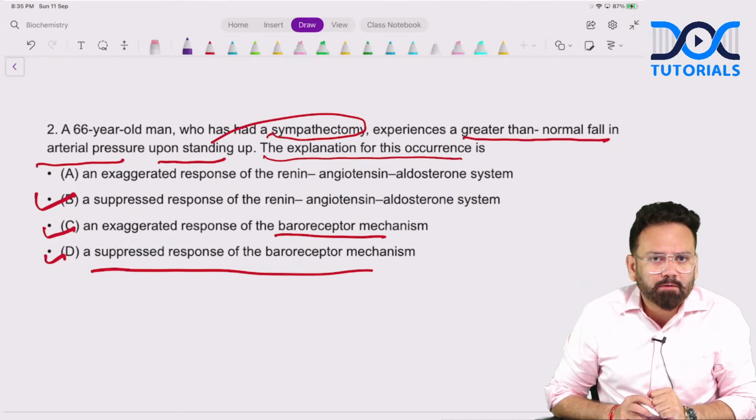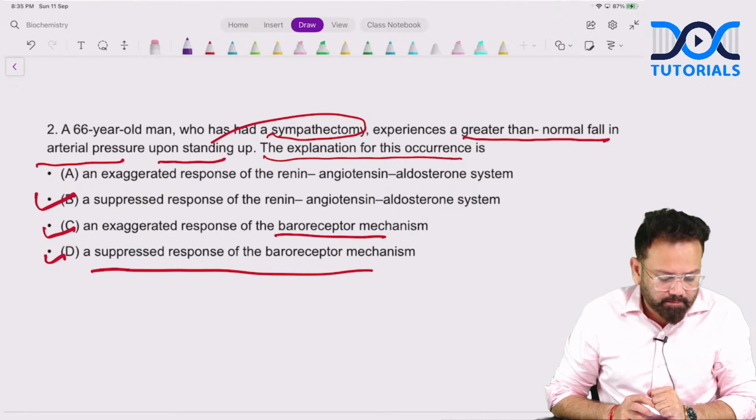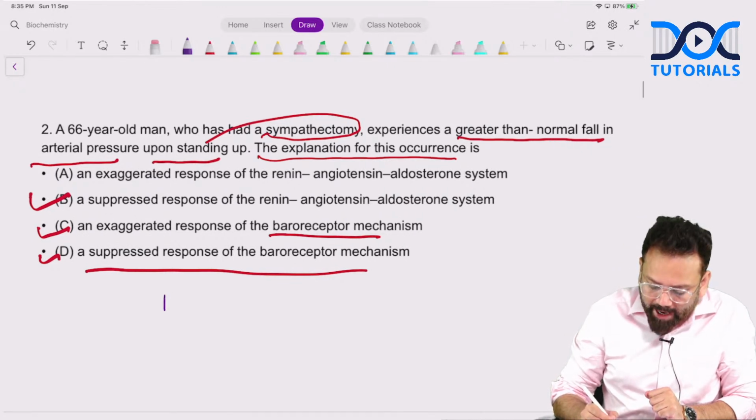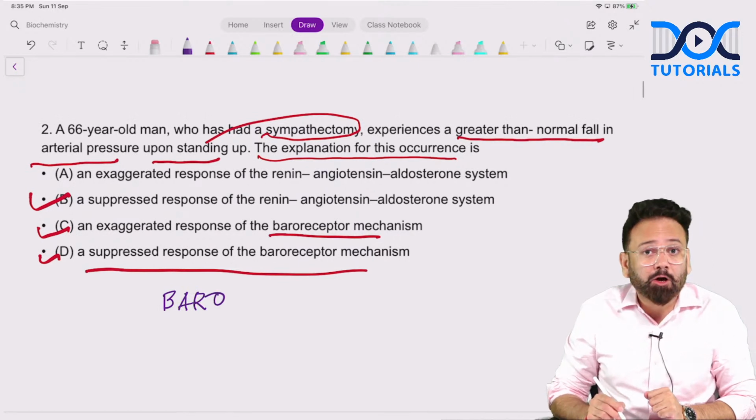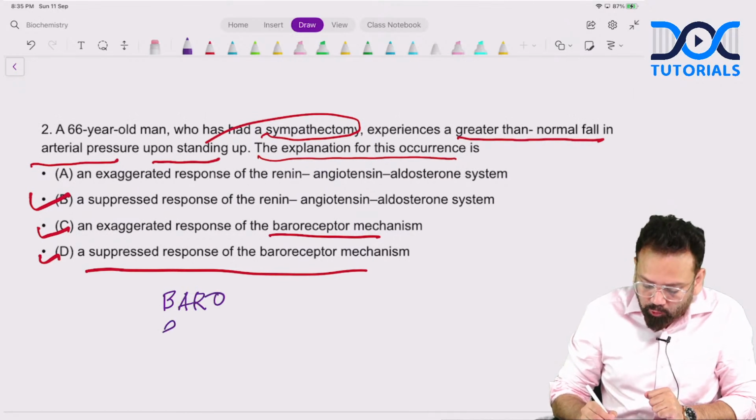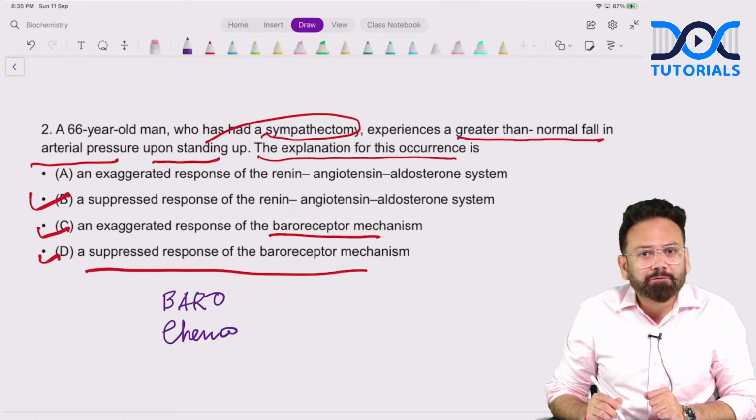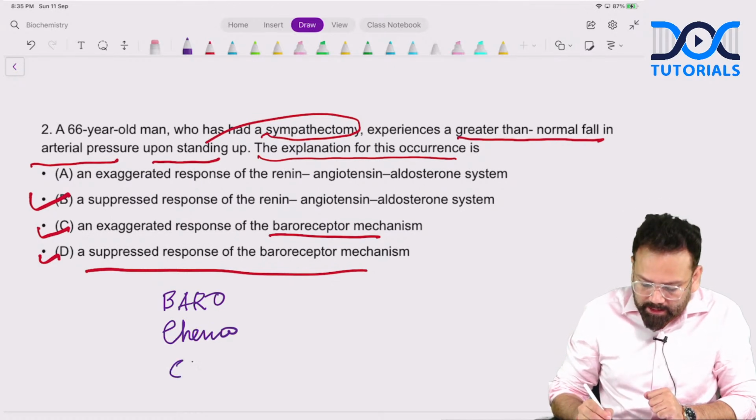Who will work first? Baroreceptor will start working, for immediate regulation of BP. After that, chemoreceptor will work. After chemo, CNS ischemic reflex.